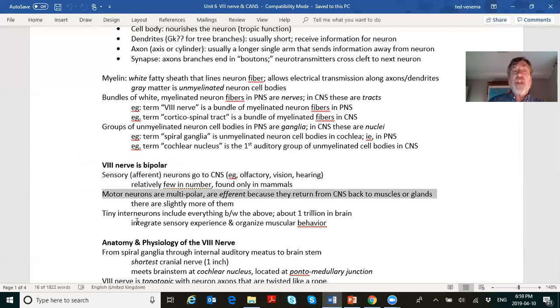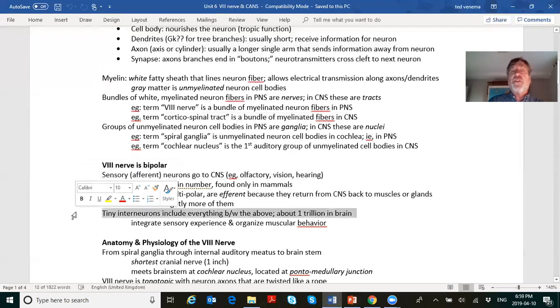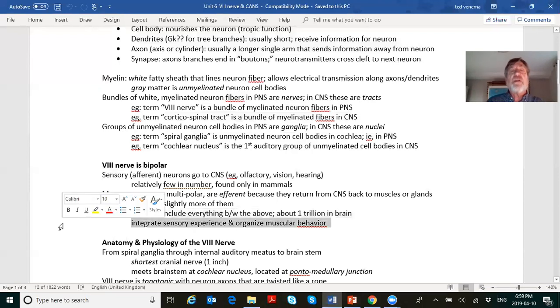There are more of them. And then we have millions and trillions of tiny little interneurons, especially in the brain. Very short little neurons that connect smaller areas. These serve to integrate sensory experience and organize muscular behavior at the brain level.